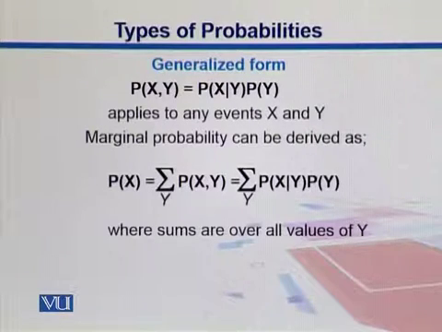Here we can use this equation to get those marginal probabilities. If we want to get the marginal probability for any event like x, we can get it through this equation, where P of x is the summation over all values of y. For all y's, we are getting the probability of x.